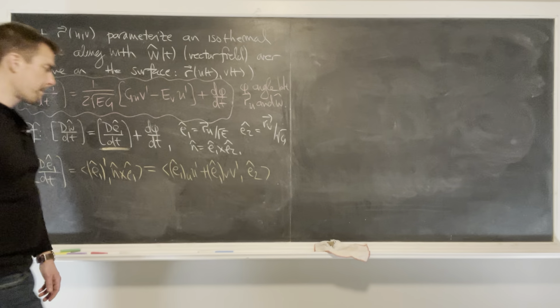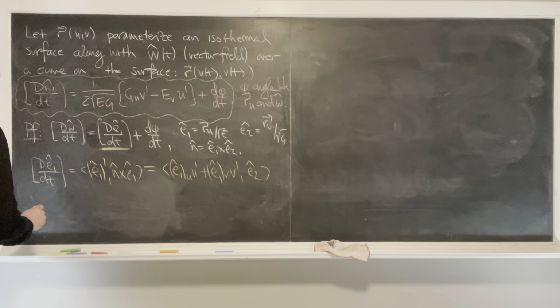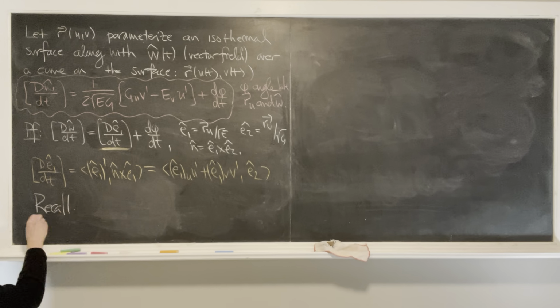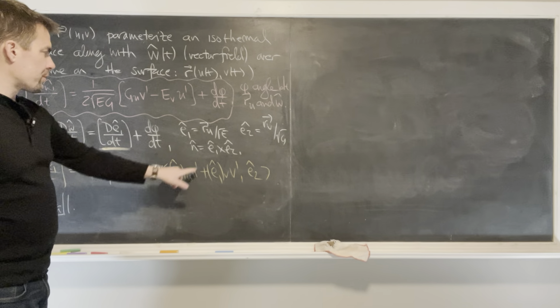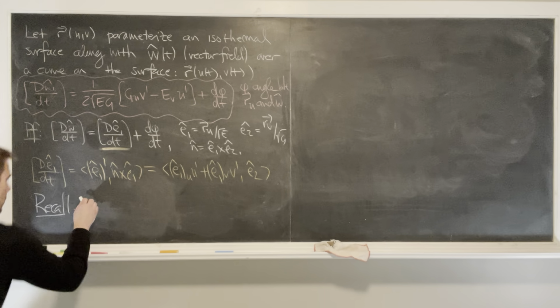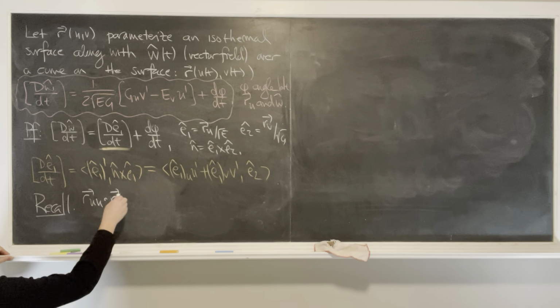hat. Okay. Now let's recall. If I do this e1 hat with respect to u, I'm going to have an R_uu with an R_v. So what is R_uu dot R_v?